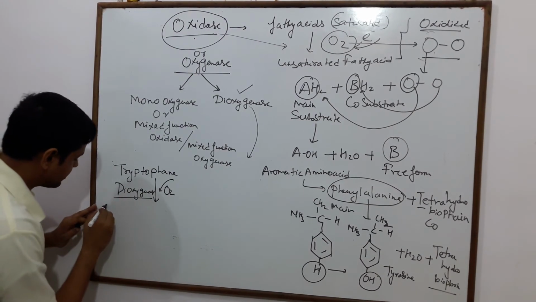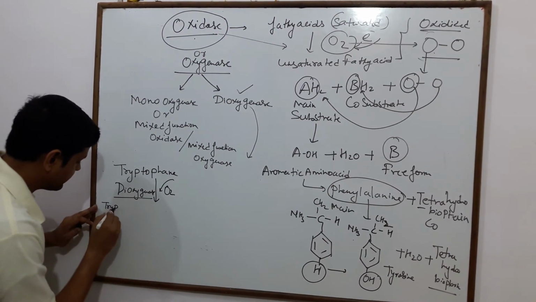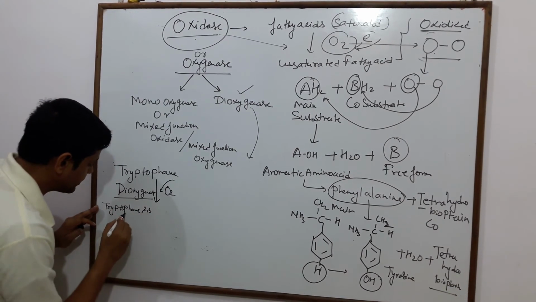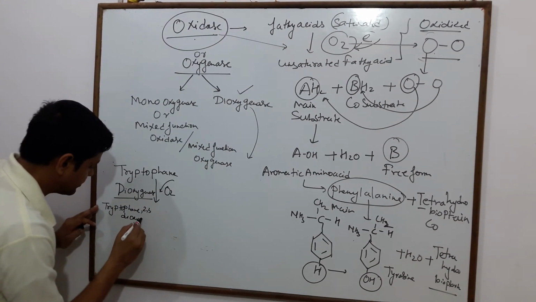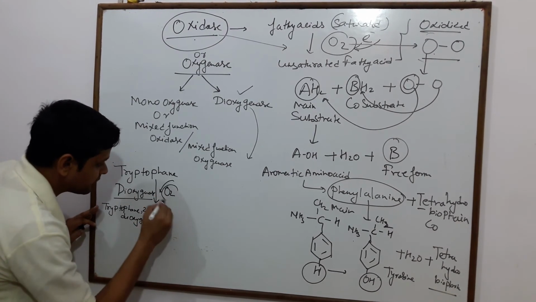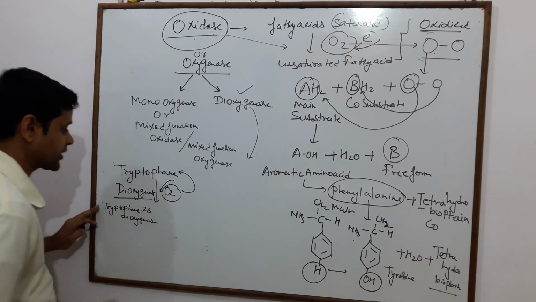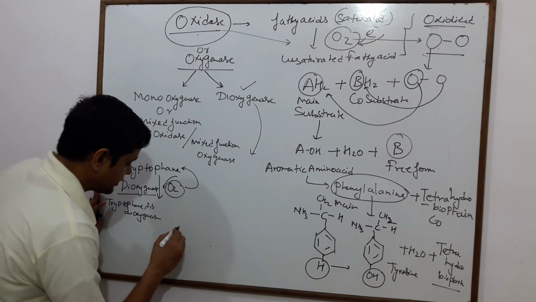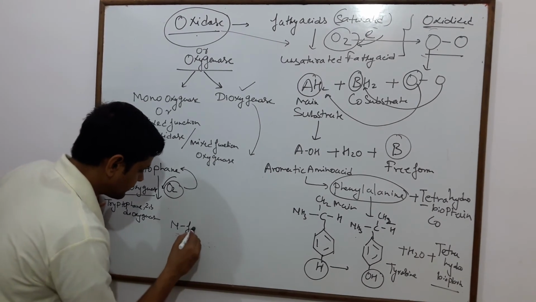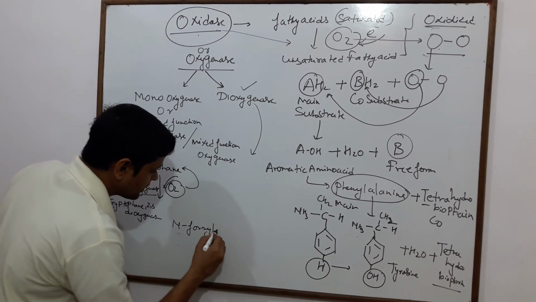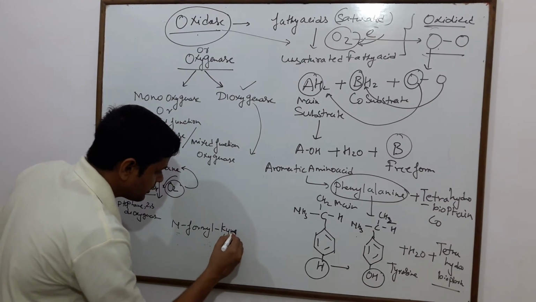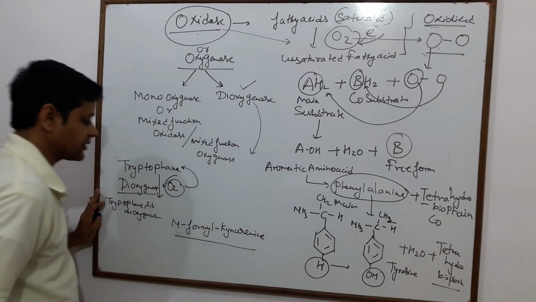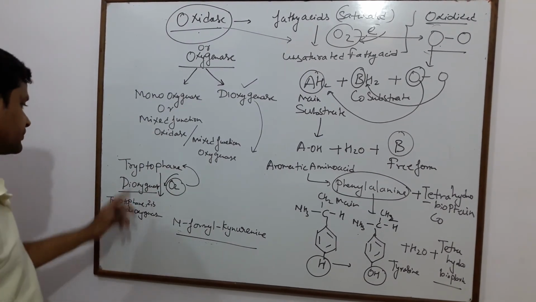Its full name is tryptophan 2,3-dioxygenase, where both oxygen atoms are contributed to the main substrate and it generates a compound known as N-formylkynurenine.